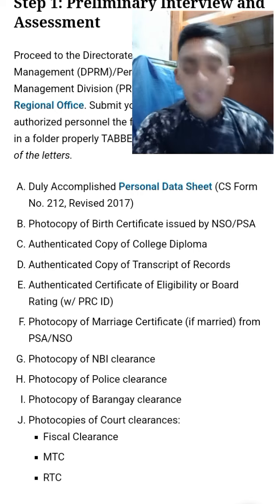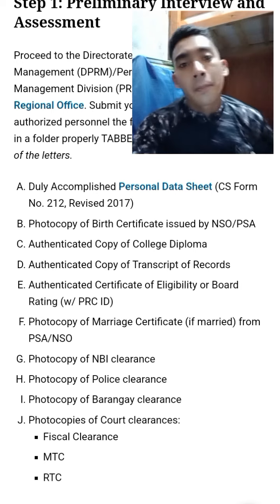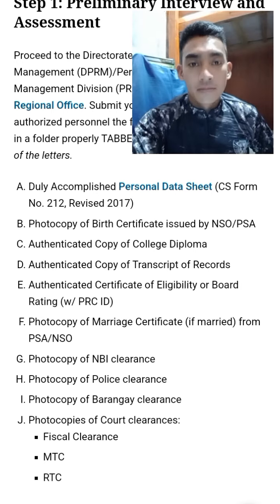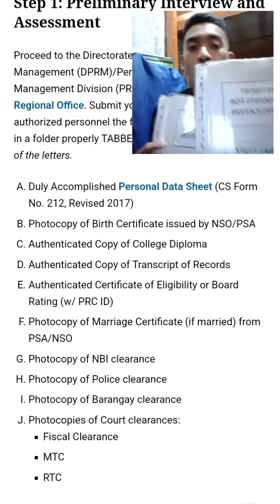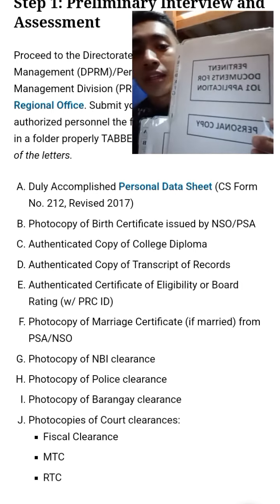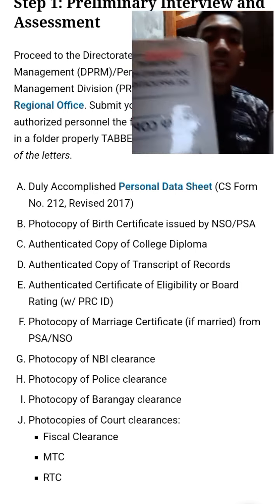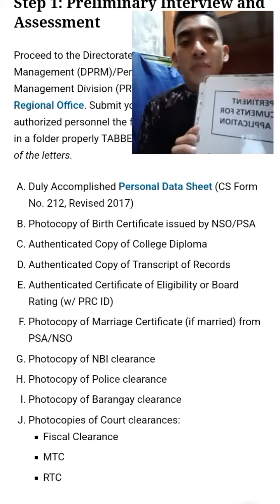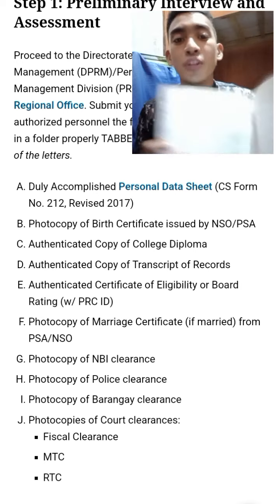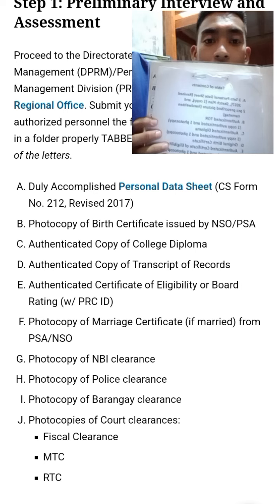So in my case, I have made at least 2 folders, one for my personal copy and the other one for the BJMP copy. For your BJMP copy, you should have with you your table of contents. These are the list.